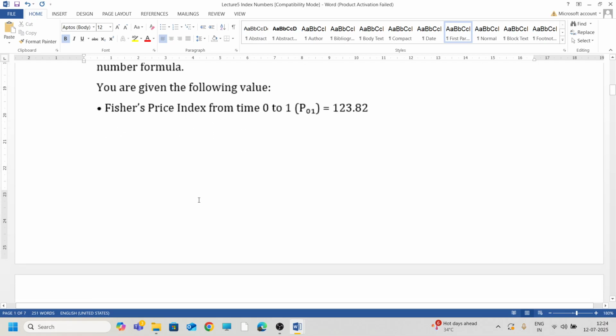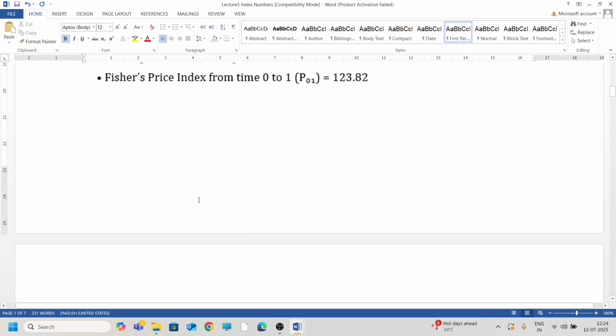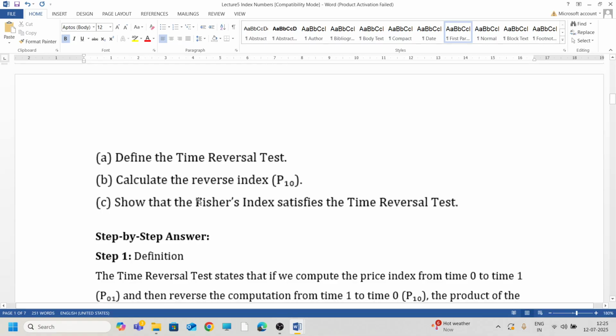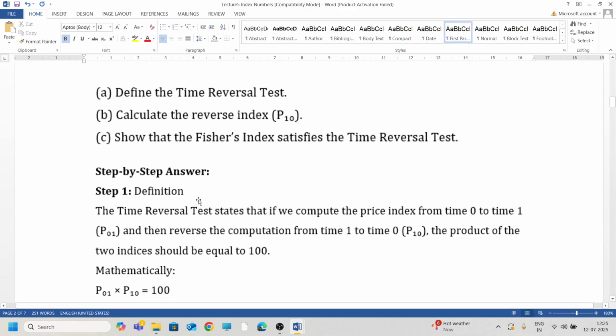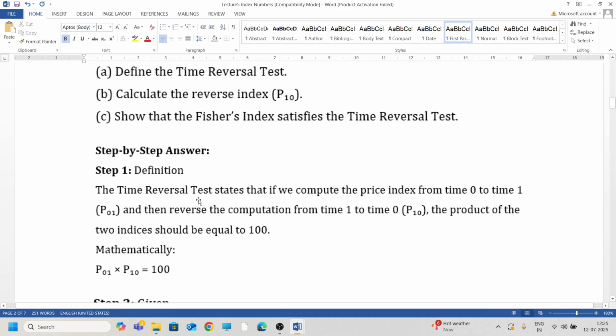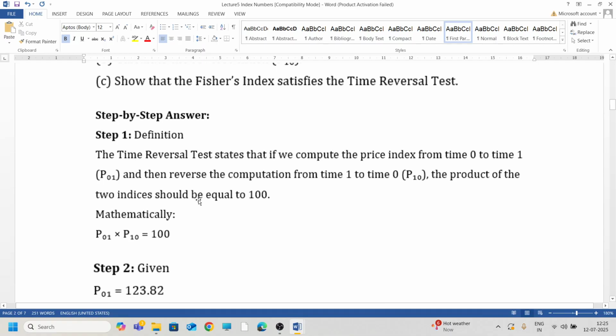You are given the following value: Fisher's price index from time 0 to 1, P01, is 123.82. Question 1, define the time reversal test. Question 2, calculate the reverse index P10. Question 3, show that Fisher's index satisfies the time reversal test.